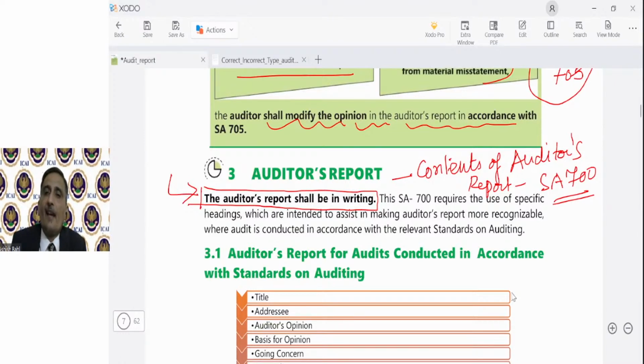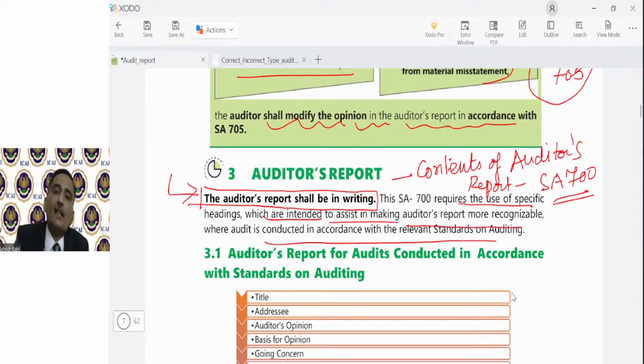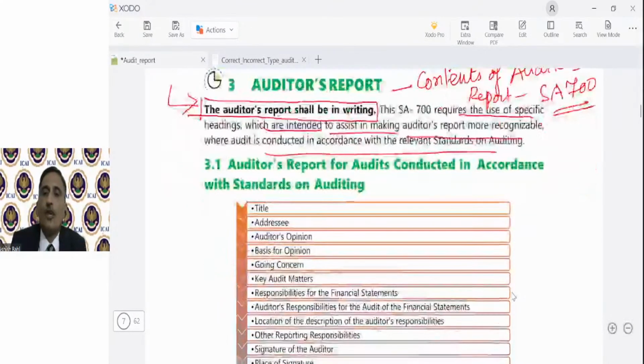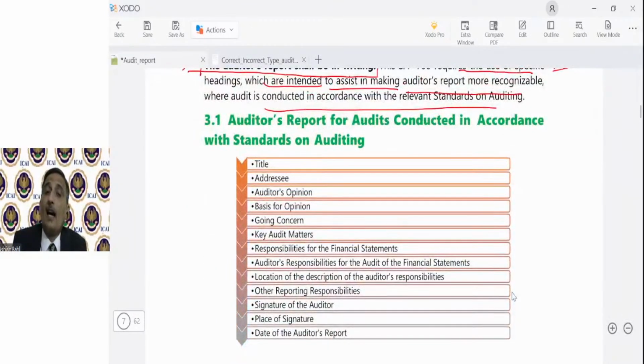So SA 700 requires the use of specific headings which are intended to assist in making the auditor's report more recognizable and which show that the audit is conducted in accordance with standards on auditing. So these headings are not made by somebody.